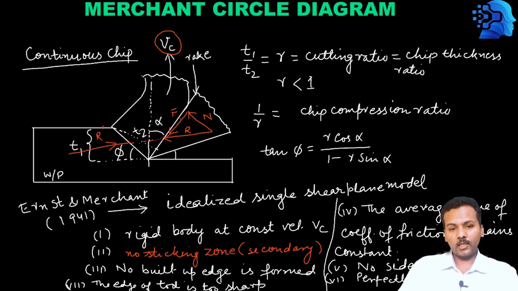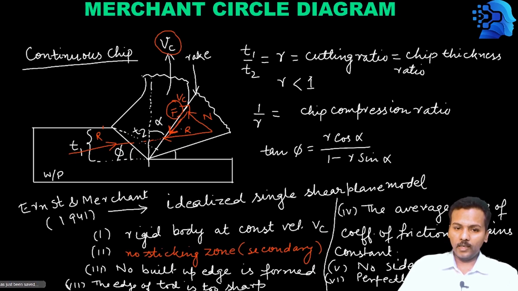The frictional force acts against the flow of the chip. Since the chip is flowing upward in contact with the rake surface with a velocity Vc, this force will act opposite to the direction of Vc.